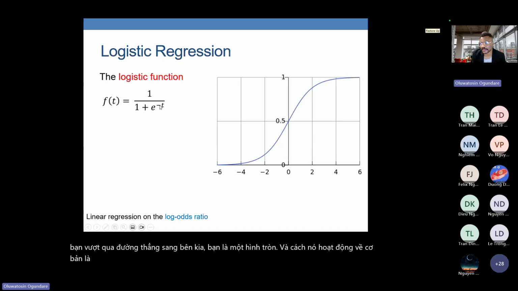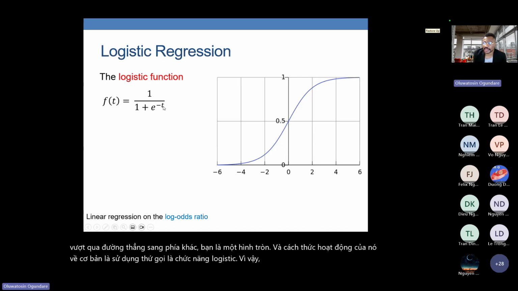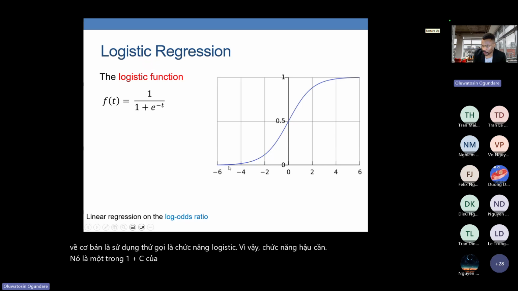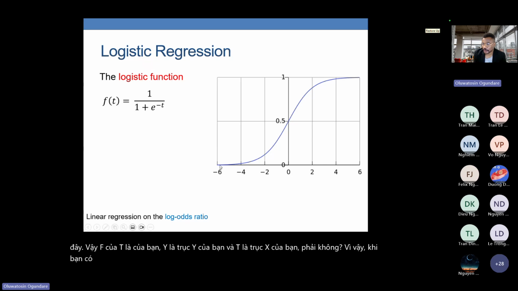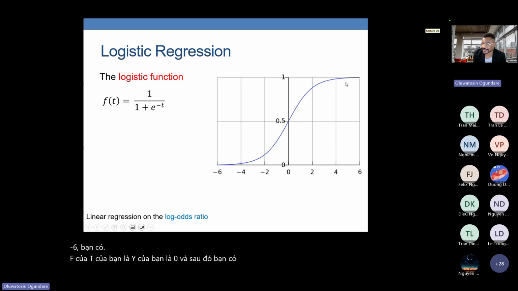So the logistic function is 1 over 1 plus e to the minus t, and t is, of course, what you have here. So f of t is your y-axis, and t is your x-axis, right? So when you have t to be minus 6, you have your f of t, which is your y, to be 0, and then you can see that this function saturates at 6, and then it stays there.